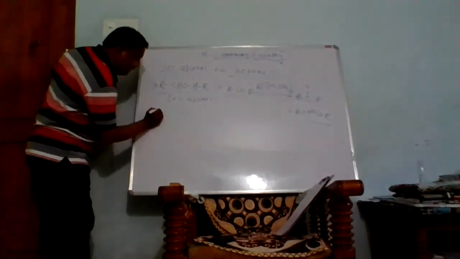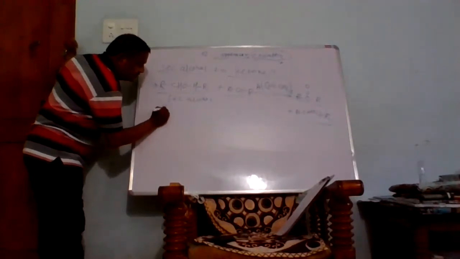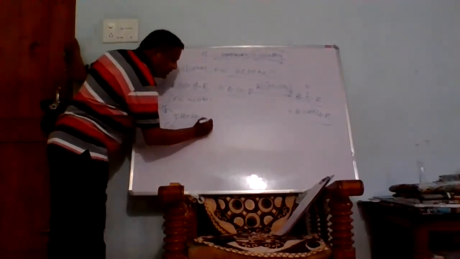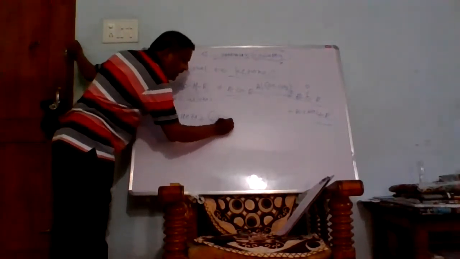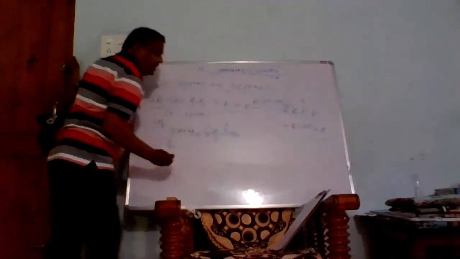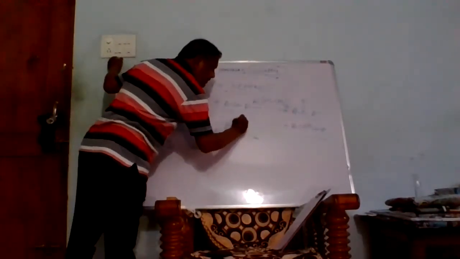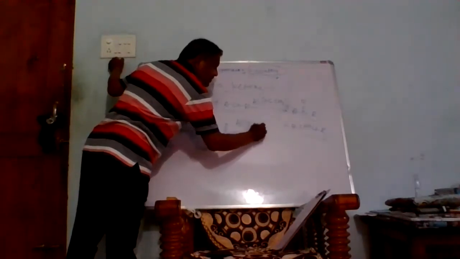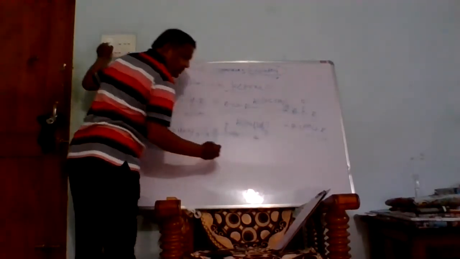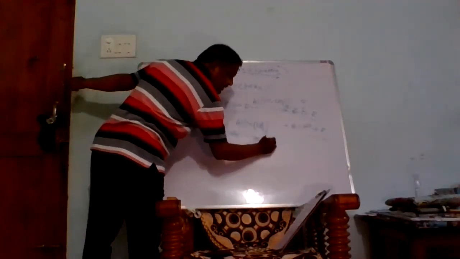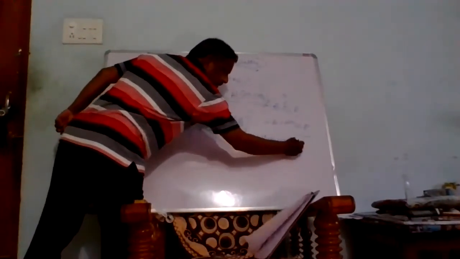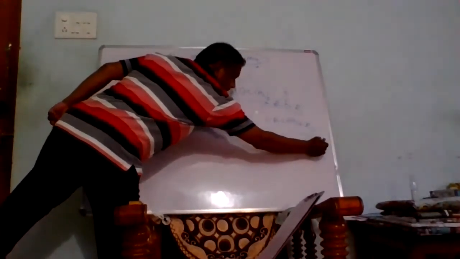So let us see an example. CH3CHOHCH3 plus, suppose we take C6H5COCH3, in the presence of aluminum tertiary butoxide, gives C6H5CHOHCH3 plus CH3COCH3.